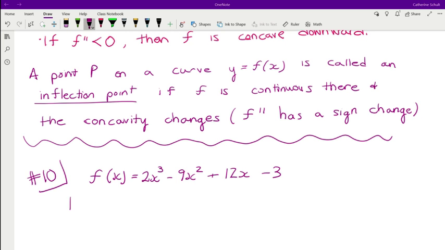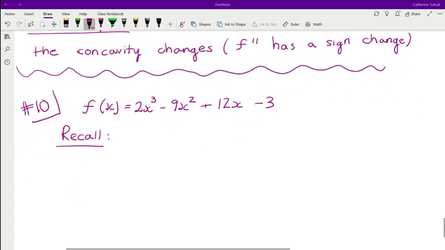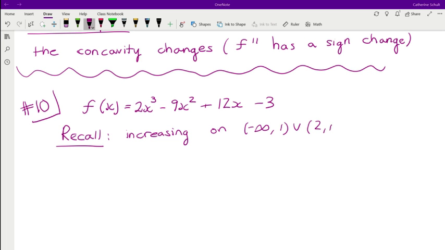Recall, we know that the function f is increasing on these intervals. That's what we did at the beginning of this section. It's decreasing in between.